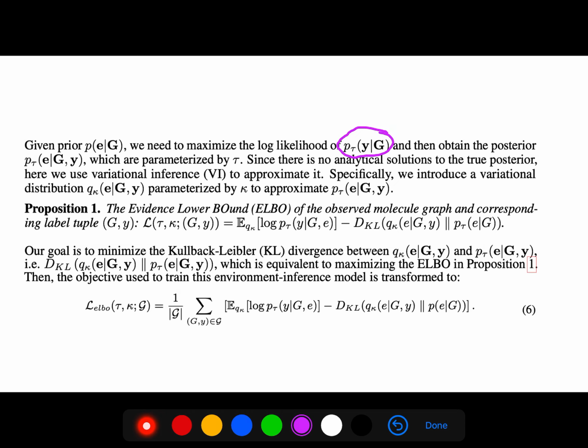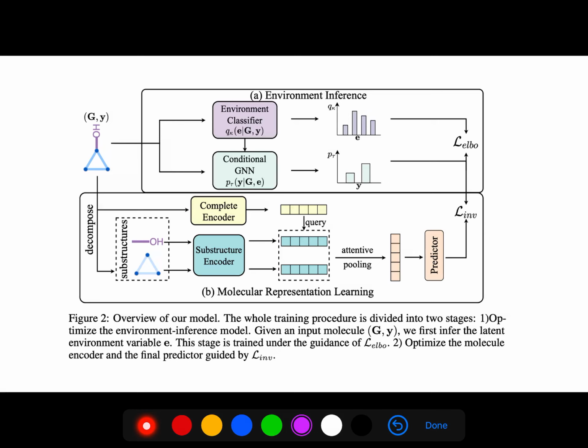And we know this evidence lower bound, that we can write our loss like this, because our goal is to minimize the Kullback-Leibler divergence between those two distributions, Q and P. So this is a common paradigm that we see in machine learning. But this is an overview of our model.